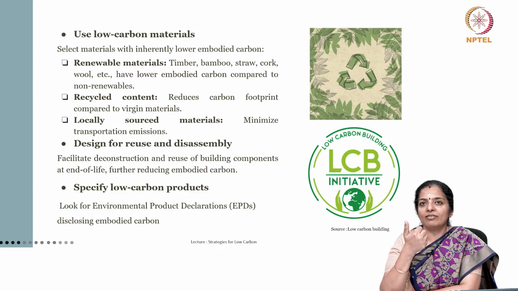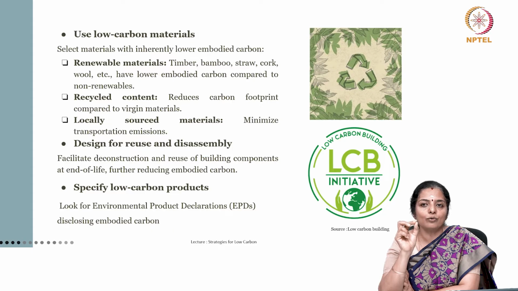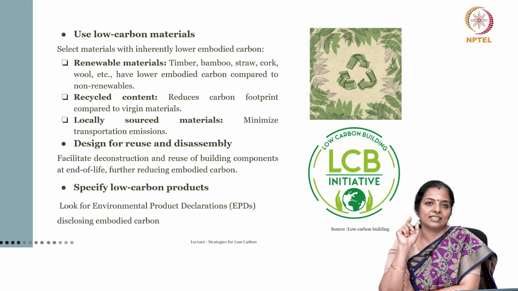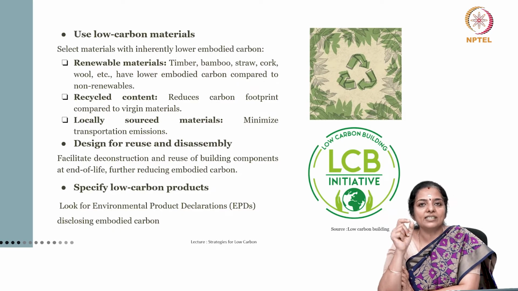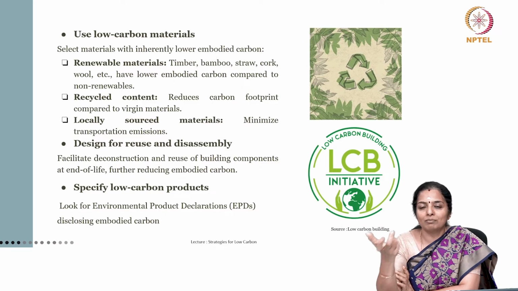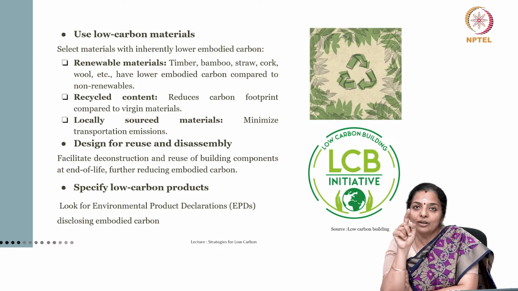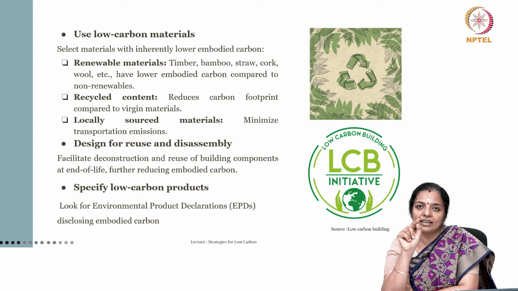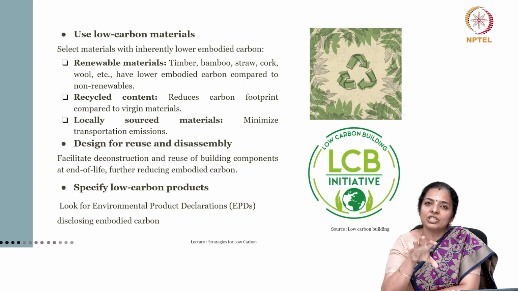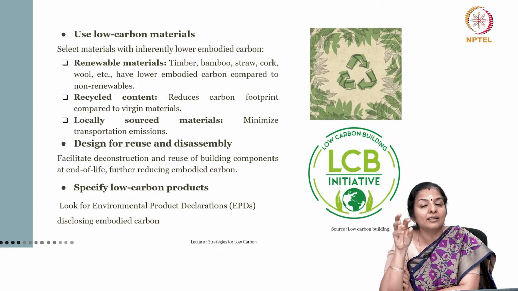First is to see if it has renewable material. How will you see? Look for environmental product declarations, EPDs. This is something like when we take a food packet or a biscuit packet, the ingredients are listed on it. And you also have a green dot indicating it is vegetarian and a red dot indicating it's a non-vegetarian meal.